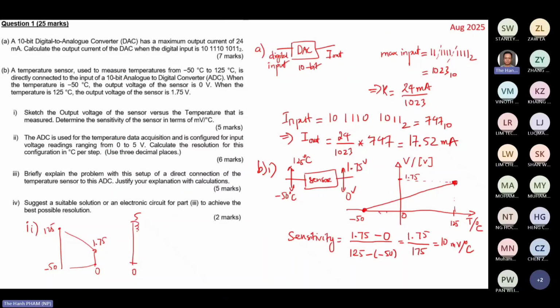So you have many steps here, right? So how many steps? The number of steps is 2 to the power n minus 1, which is 2 to the 10 minus 1. Just now we use 1023. So here is 10 bit, here also 10 bit.